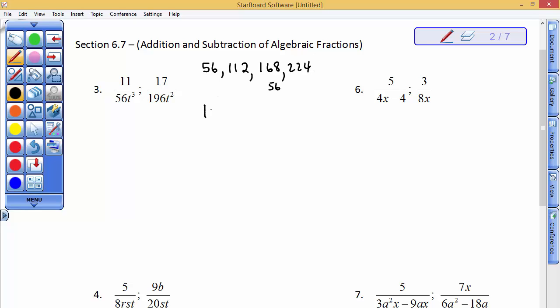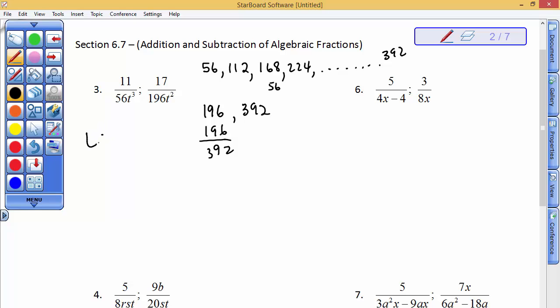I don't have 196 yet. So if I add 196 to 196, 18, 19, carry the 1, I get 392. I bet that's going to be the common denominator. So I got to keep going out here to get to 392. I'm going to leave it at that.